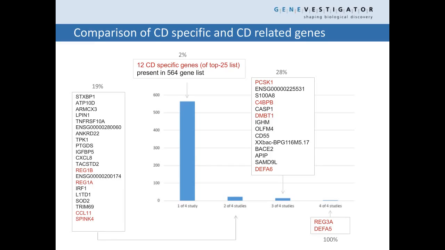And if we look at what overlaps in 2 or 4 studies, there are even fewer, in percentage. And of course, from the many, many genes that were found to be regulated in at least one of the 4 studies, we had 12 of our genes found in there, which represents only 2% of the entire list.